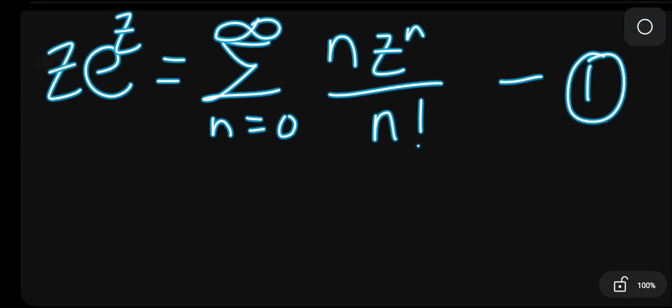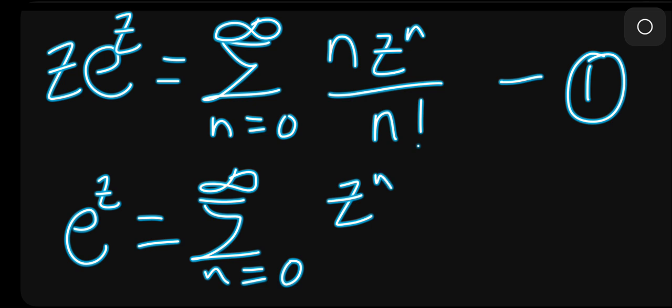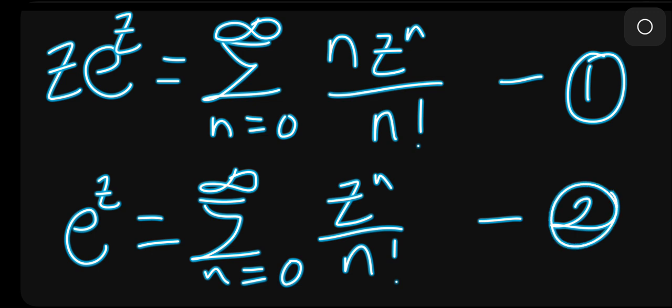Then let me make this equation 2, the initial function of the exponent, the e power z. This was the initial function before we differentiate it. Now this is actually equation 2.